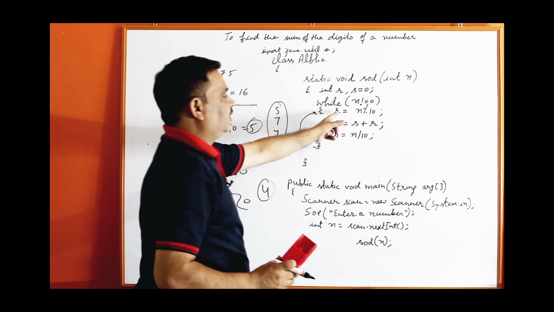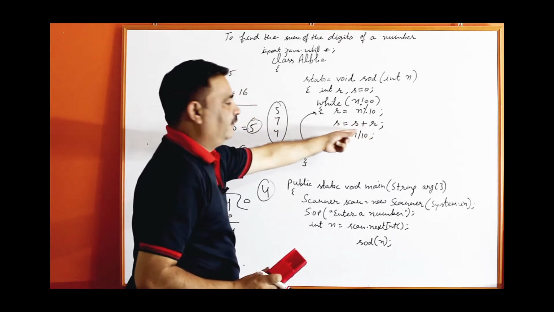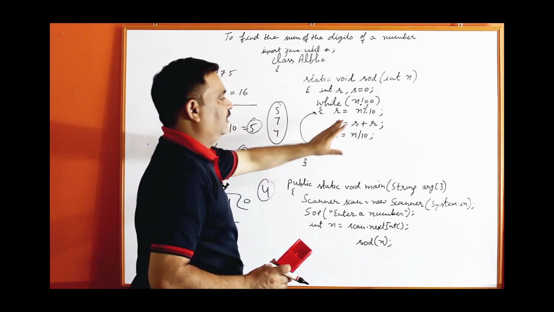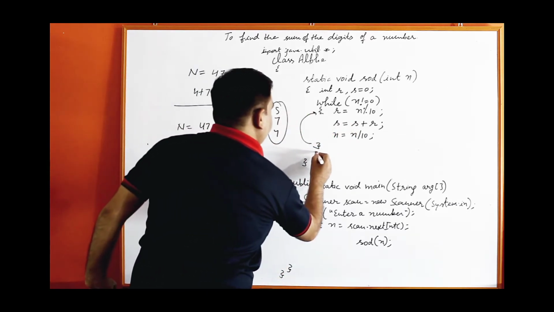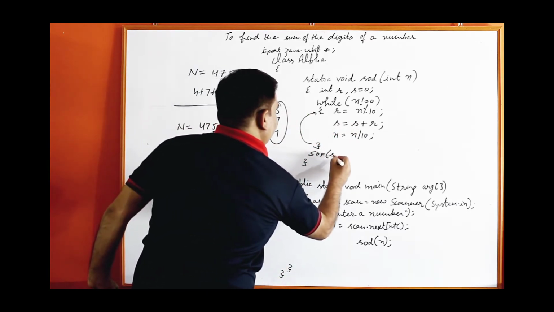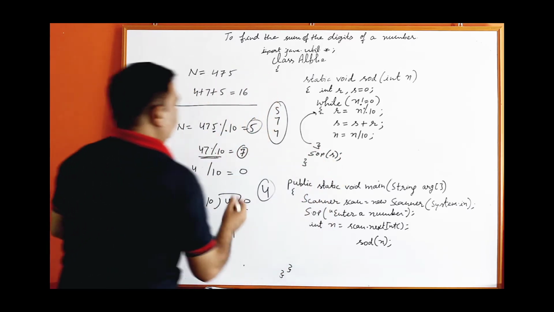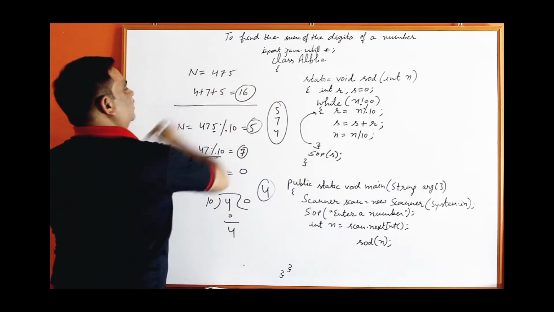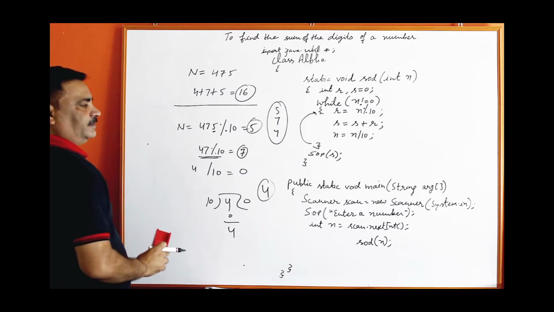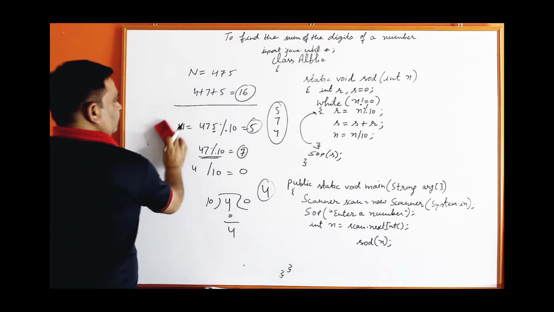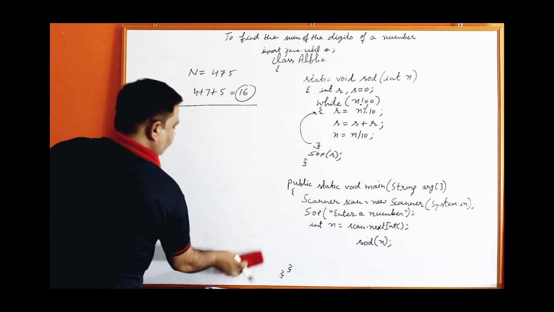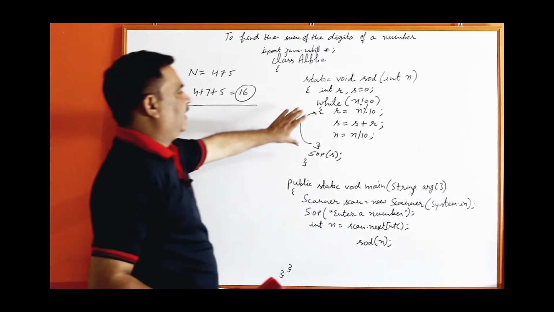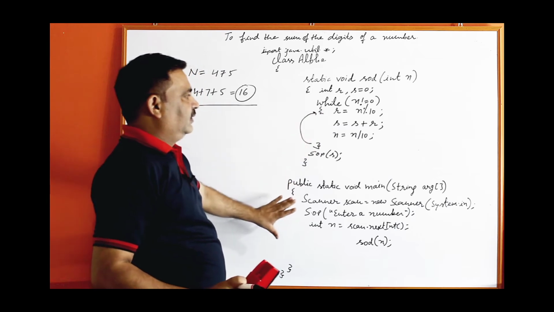So, each digit which we are printing will be added in s, and finally after the loop you can print the value of s. So, finally the sum of the digits, 16, will be printed. It is not so difficult, a very simple program, just to get the digits and add them into s.